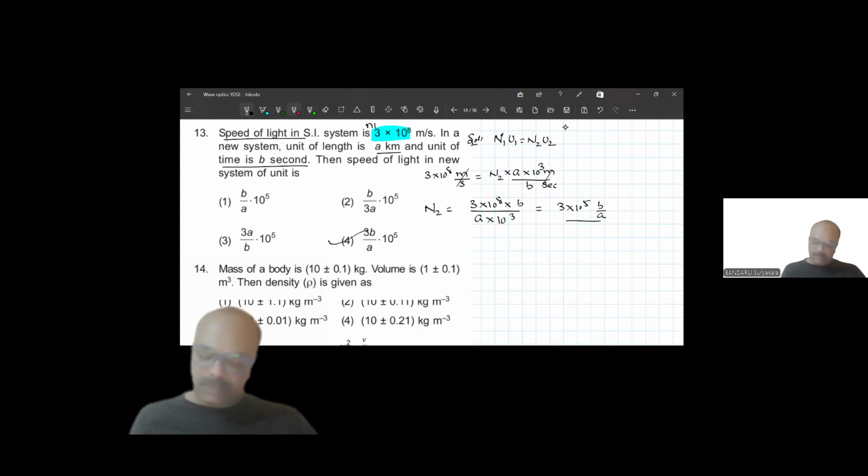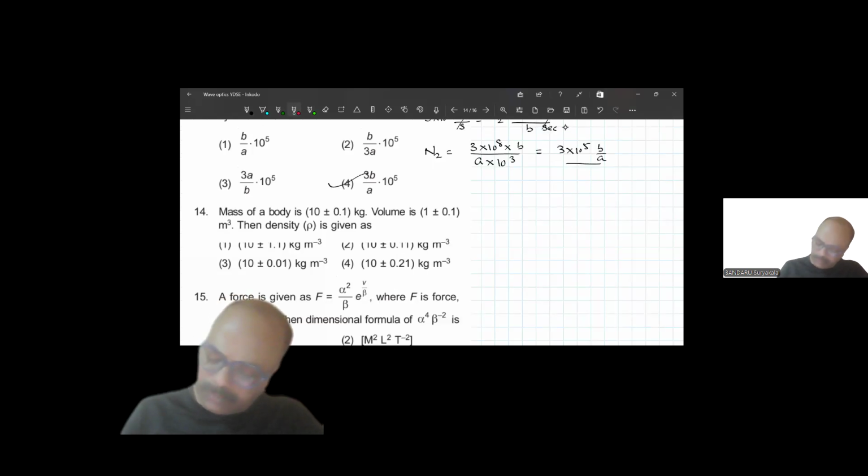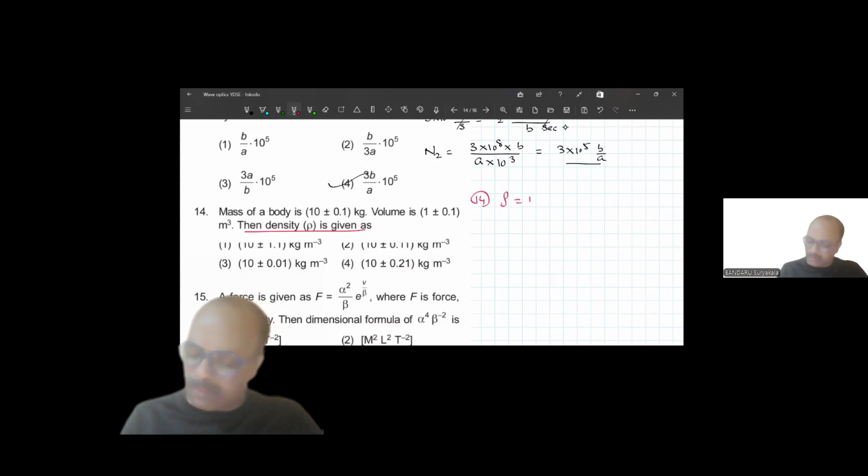Okay. So next, the 14th one, problem number 14. They ask density. Density equals, we have the formula mass by volume. Here mass is 10, volume is 1. So 10 by 1.